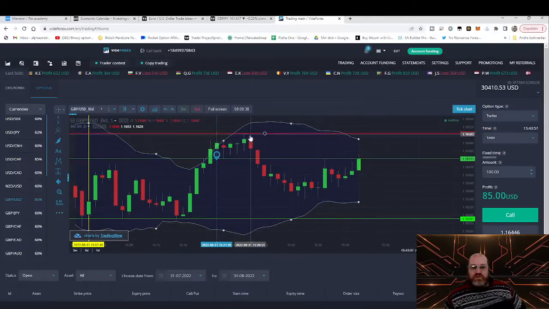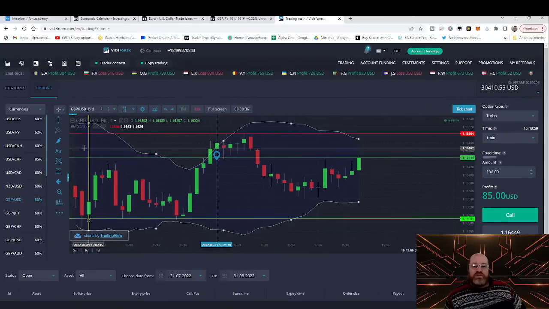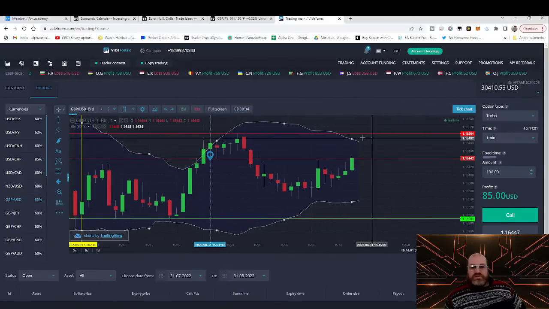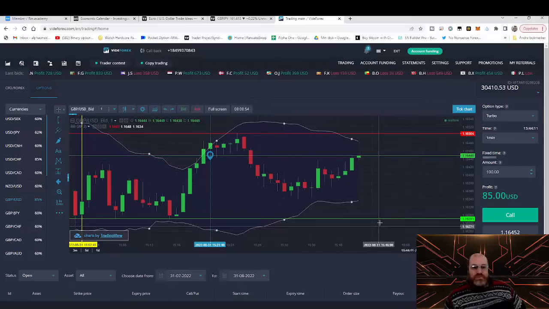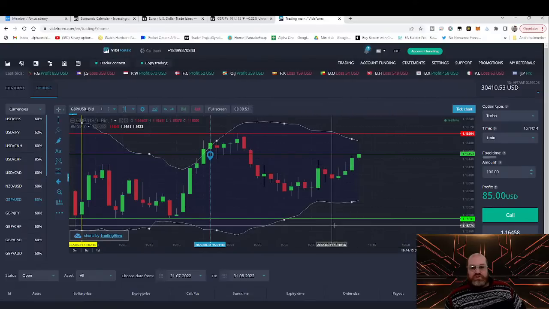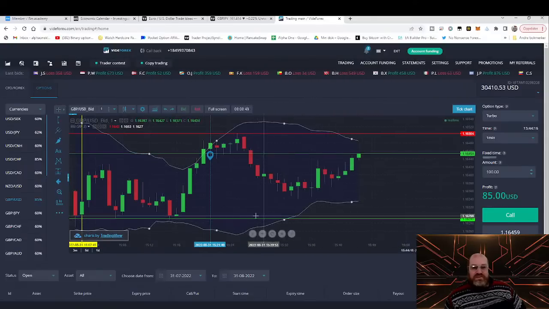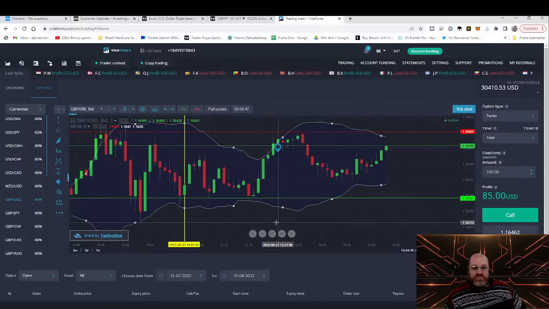Here, we touched it and went down. 100% win rate in the last ones. So that means also here, at least we have an 80% chance of winning. That means if you trade 10 times, you should win 8 of them. Just trading as easy as you see I do.